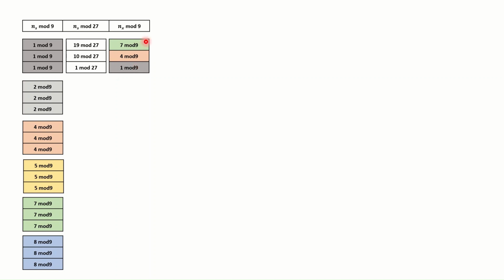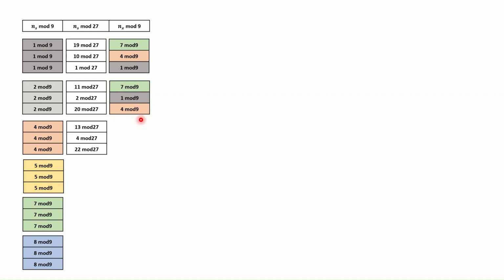It is the same for other cases as well. For 2 mod 9 you again have 3 cases, as in 3 definitions in terms of mod 27 and 3 different results in terms of nx mod 9. If we continue, we can look at 4 mod 9.